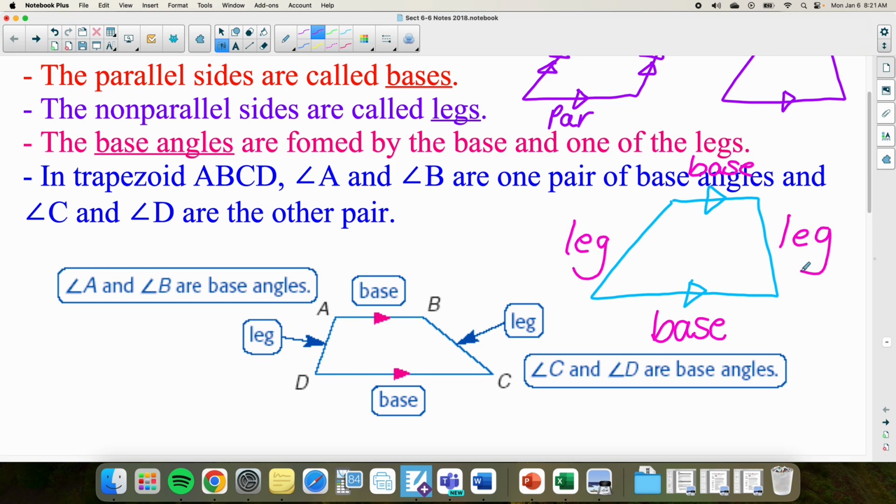Okay? And then another thing that's true in a trapezoid is this angle and this angle together, the two that lie along the parallel side, are a pair of base angles. And then same thing on these top two.